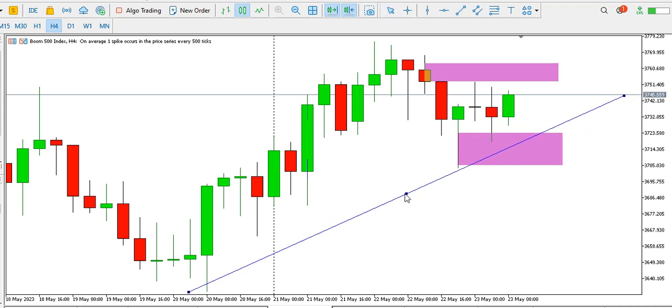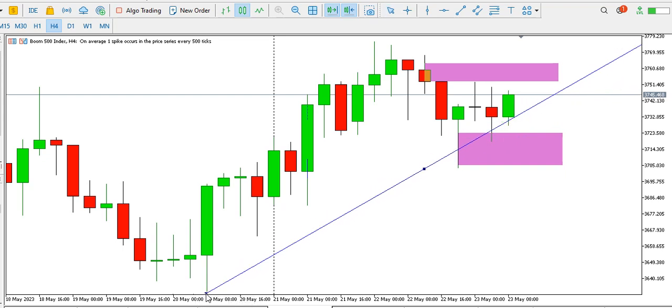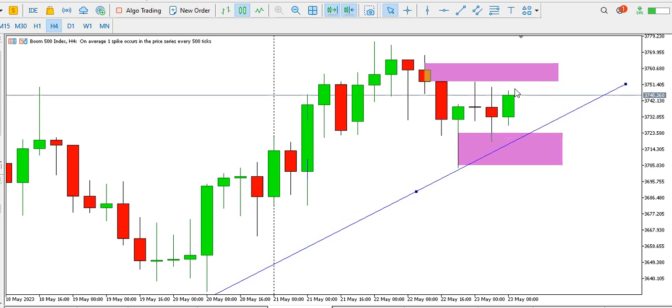So you might want to use this ascending trend line with your strategy to know if price will continue up. That is, if price continues to respect this ascending trend line, then it might possibly continue up. But if price breaks below the ascending trend line, then you might have a trend change.